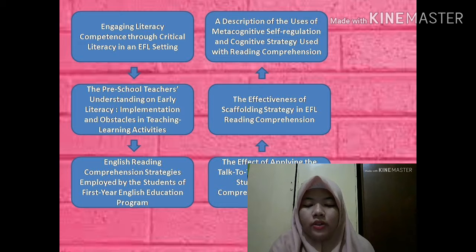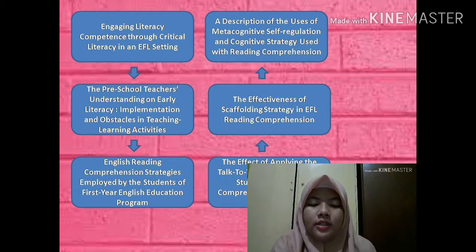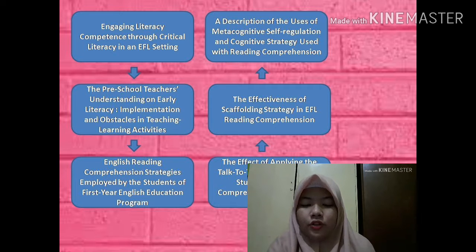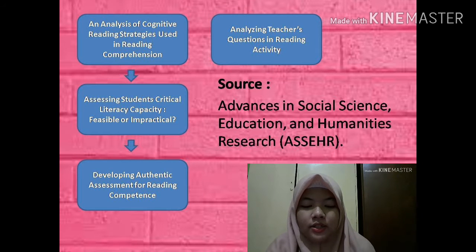The fifth is about the effectiveness of scaffolding strategy in EFL reading comprehension, and the sixth is about a description of the uses of metacognitive, self-regulation, and cognitive strategy used with reading comprehension. The seventh is about an analysis of cognitive reading strategies used in reading comprehension.